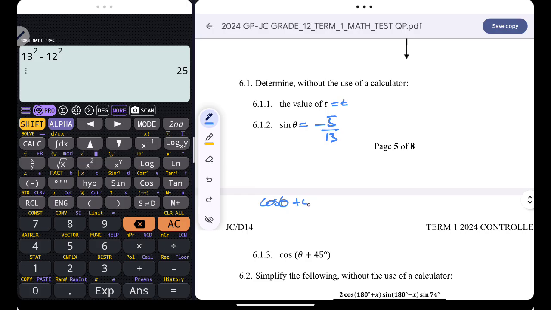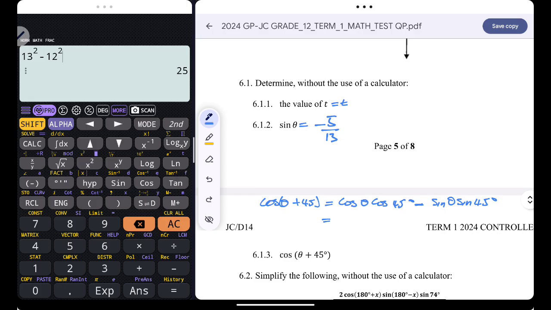Cos of theta plus 45 can be written as cos theta cos 45 degrees. Since you have a plus inside, you're going to have a minus there. Minus sine of theta and sine 45 degrees. Né?